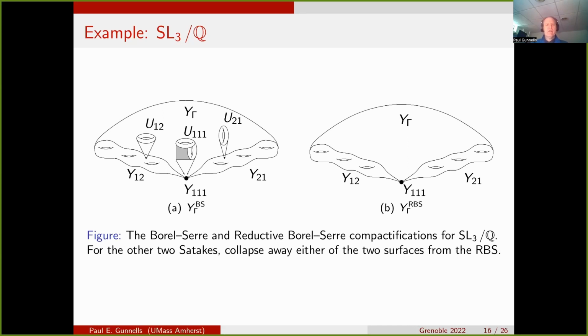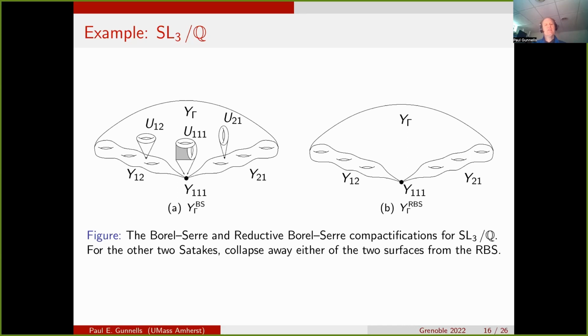So this reductive Borel-Serre, the right-hand thing, is the same as what we would call the maximal Satake. There are two other Satake compactifications that you can make. And they come from this reductive Borel-Serre by doing further squashing. You take either one of those two types and you squash them away. And you're left with something that's quite singular now.